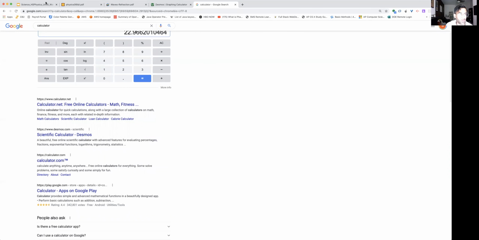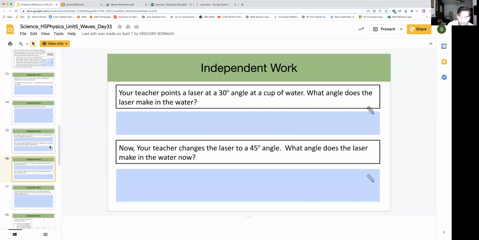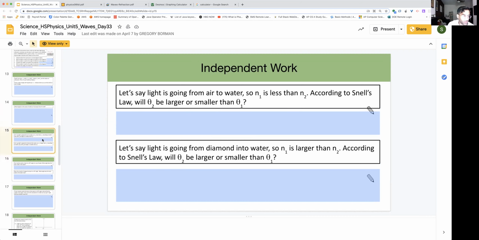All right, so this is what we were doing in this. You have some other examples that are related to the change in angle and how that affects the sine of the angle, whether it grows larger or smaller. There are other questions also about how a drop in the index of refraction is going to affect theta. What I'm going to hint at is that since n1 is being multiplied by the sine of theta 1 and n2 is being multiplied by the sine of theta 2, you could say they both need to have a set product.